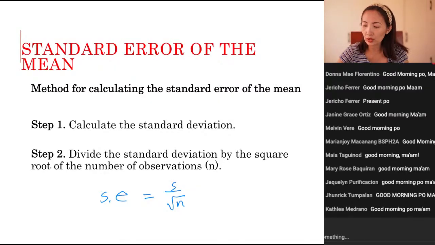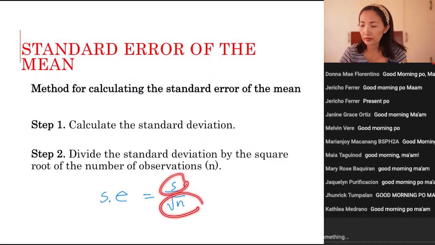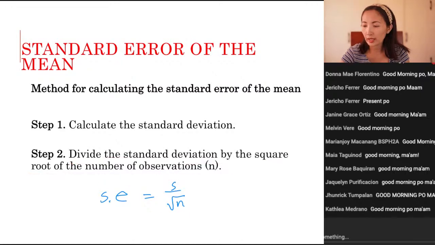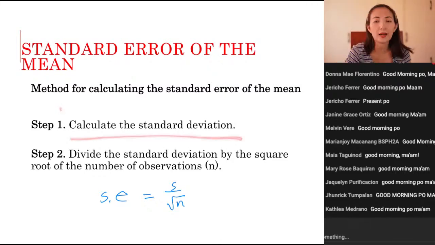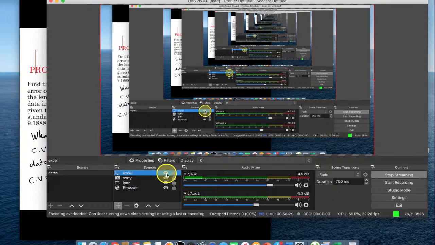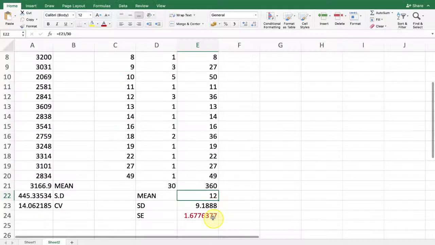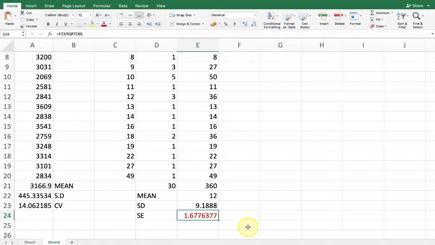Standard deviation over the square root of n. We don't have to calculate the standard deviation, since it's already provided in the problem. The standard error of the mean is 1.68.